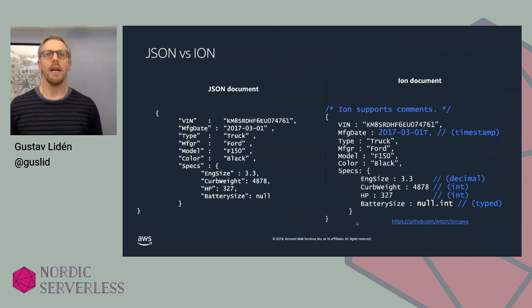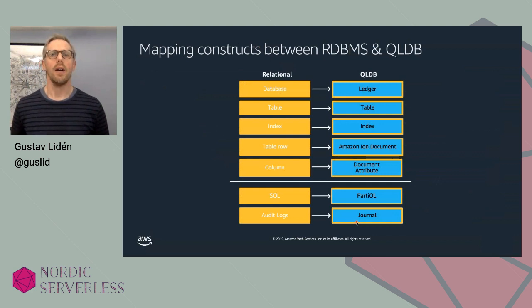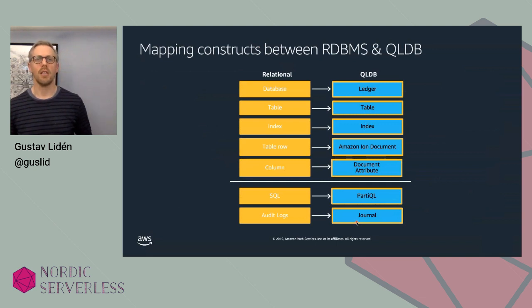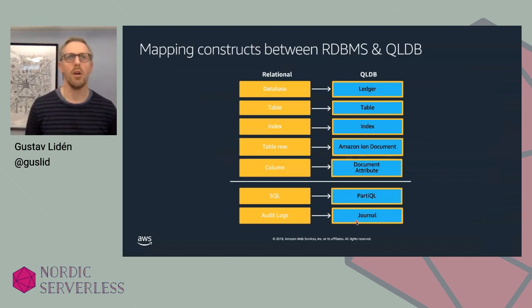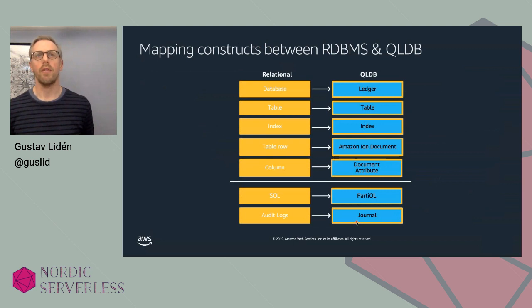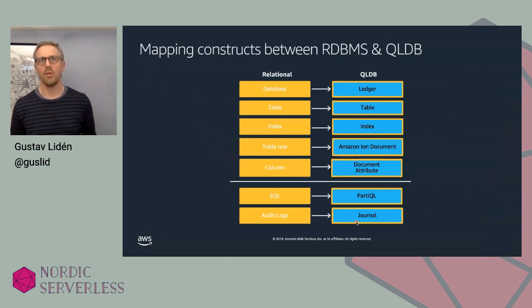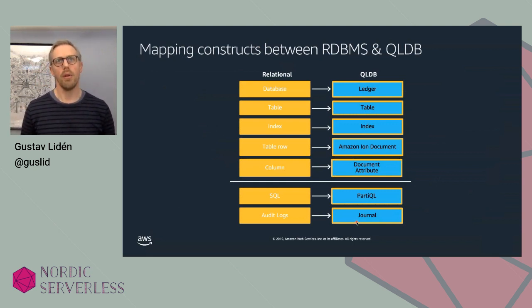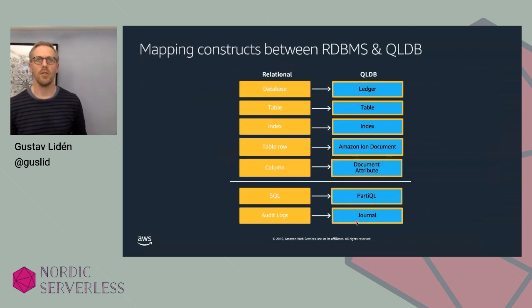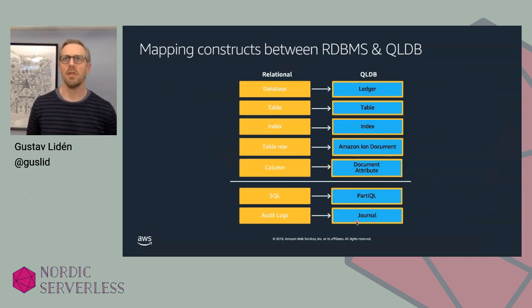All right, to give just a quick mapping between relational databases and QLDB, since relational is something very many are familiar with. Going from the top here, we have the database, which has the ledger equivalent in QLDB. Both relational and QLDB have tables. In the same way as you create tables in relational, you create tables in QLDB.